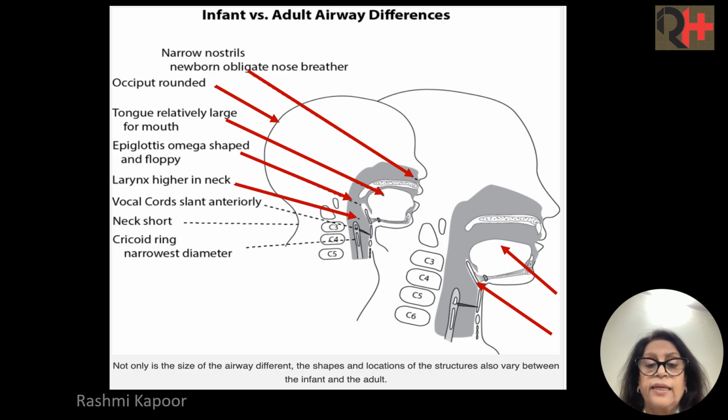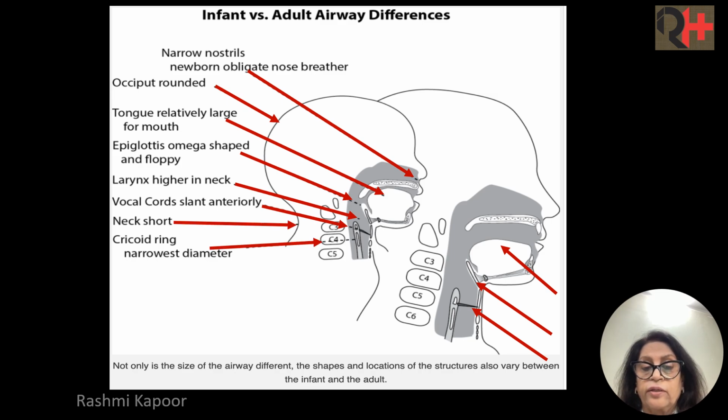The larynx is higher in infants, whereas it is lower in adults. The vocal cords are slanting anteriorly in infants, whereas they are horizontal in adults. The neck is short.